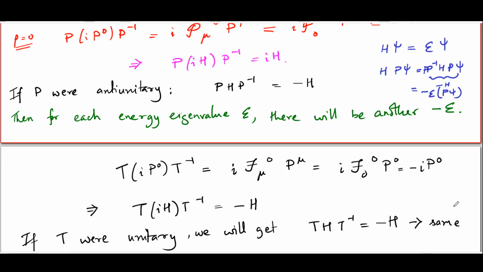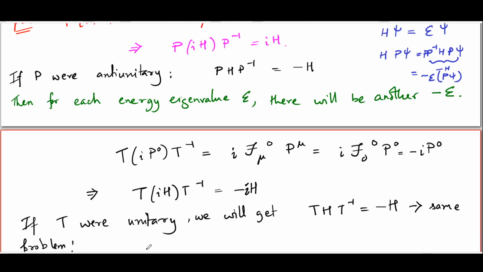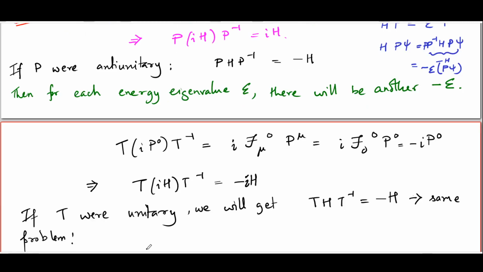Now, if T were unitary, the i would have just come out from the left hand side and would have cancelled the i, which is here. I forgot to write the i here. And therefore, you would end up with T H T inverse is minus H. And this would lead to exactly the same problem that the parity operator being anti-unitary would have.